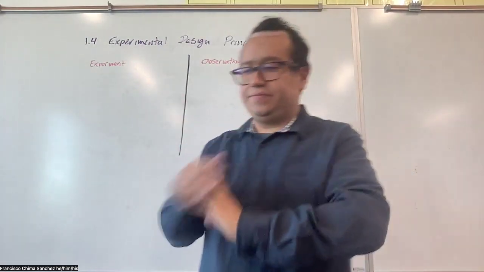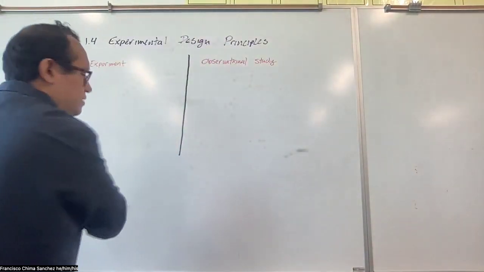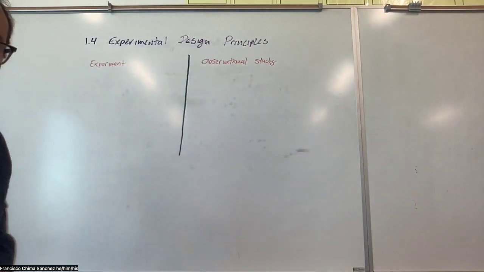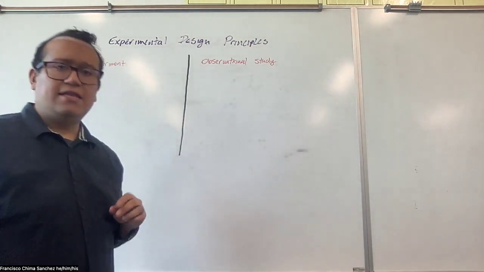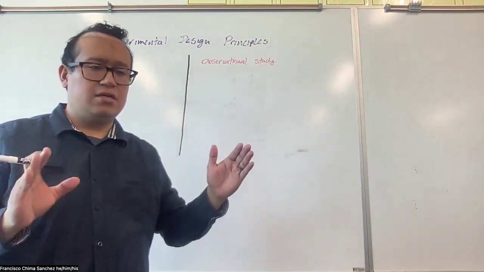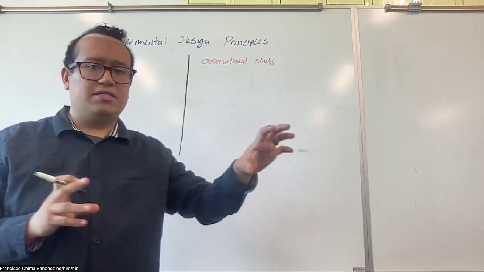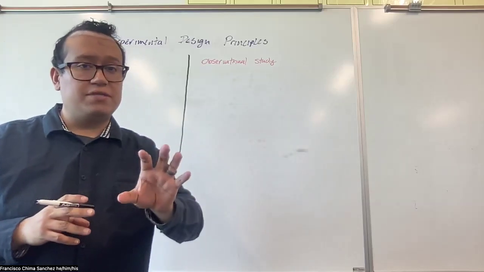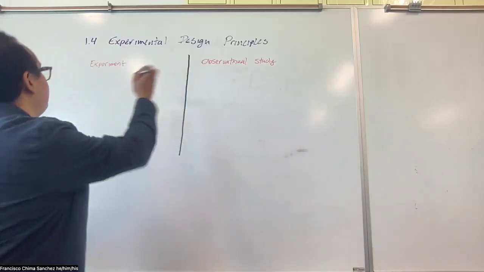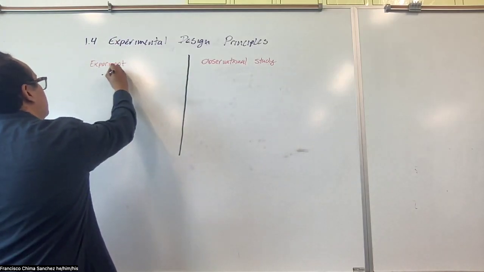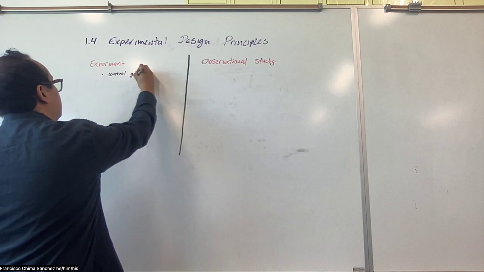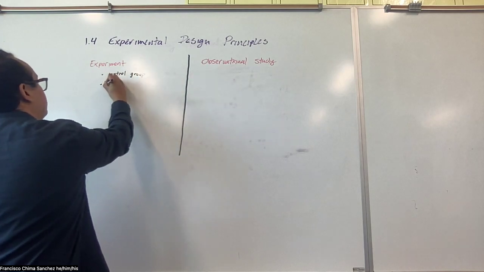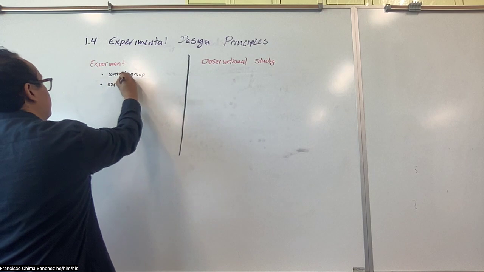So let's start with this. What is an experiment? An experiment is a design that allows us to split our sample into two different groups at least. So we have what we call a control group and an experimental group or treatment group.